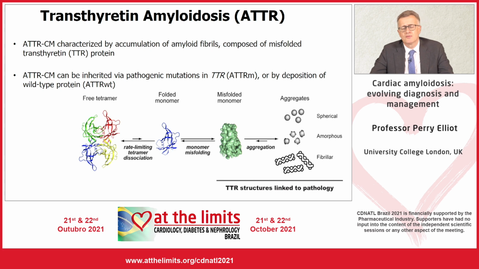The process of amyloid formation in ATTR amyloid is thought to relate to dissociation of the native protein. TTR is a tetramer, and it's thought to be dissociation into its monomers and other fragments that is the first step in amyloid formation. And this is relevant with regard to therapy, which I'll return to later in my presentation.